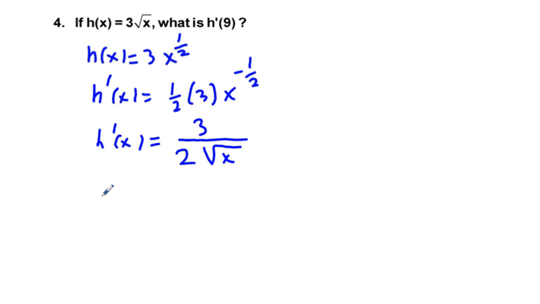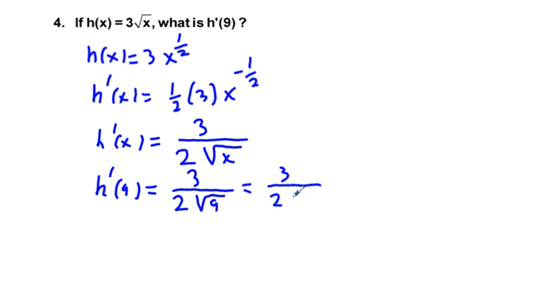And then if we just substitute a 9, which is h prime of 9, it's going to be 3 over 2 square root of 9. Well, what that's going to be is 3 over 2 times 3, since square root of 9 is 3. So we cancel. So what we have left is h prime of 9 equals 1/2. So that's going to be our answer for problem 4.